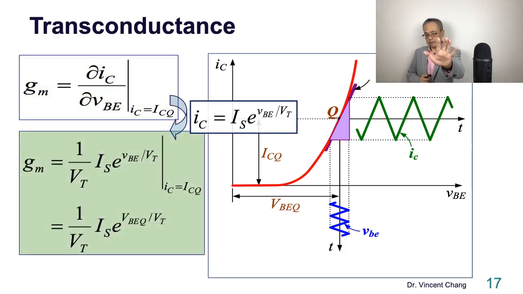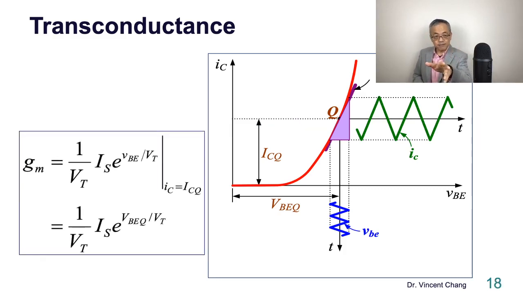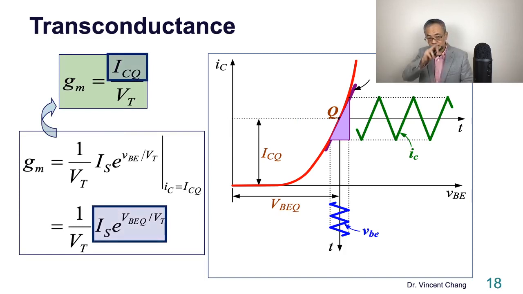Following this exponential IV curve, the exponential remains an exponential, and the VT from the chain rule goes to the front. The IS term then becomes the DC bias current.